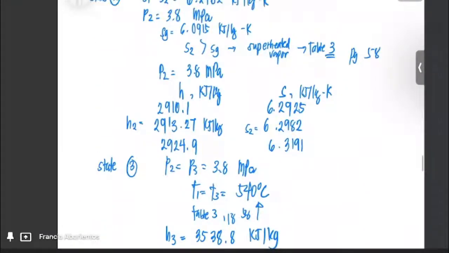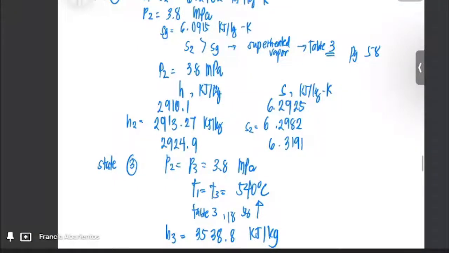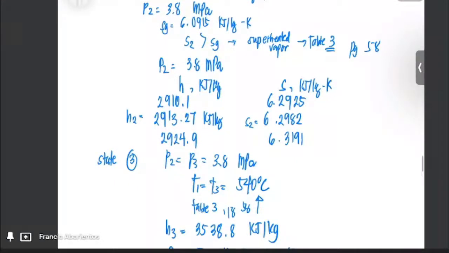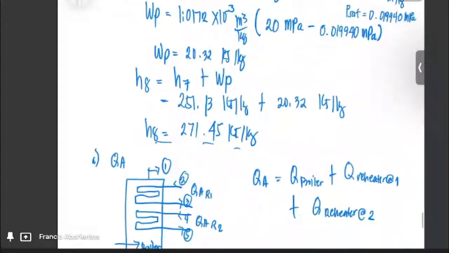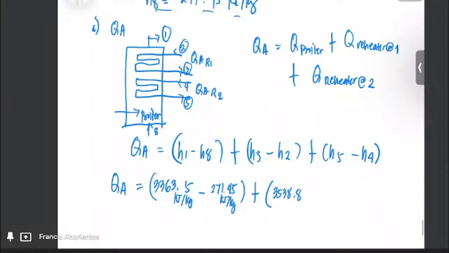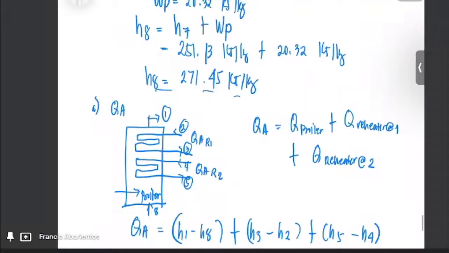H2. Ito yung gagamitin natin. 2913.27. Yan. Class H5. Yan.